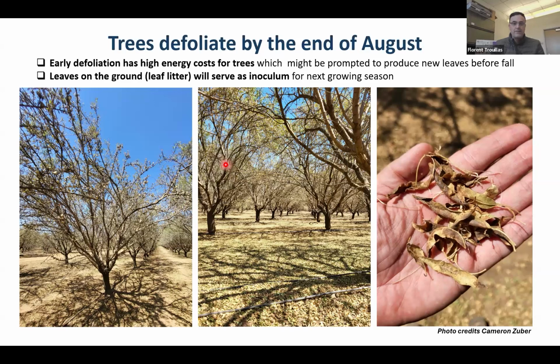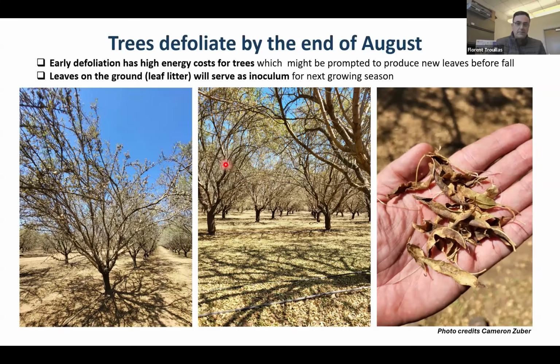That will draw a lot of carbohydrate reserve from the trees. Also, early defoliation will reduce the number of fruiting spurs and fruiting buds for the following growing season. So early defoliation comes at a high cost for an orchard, and we want to avoid that absolutely.